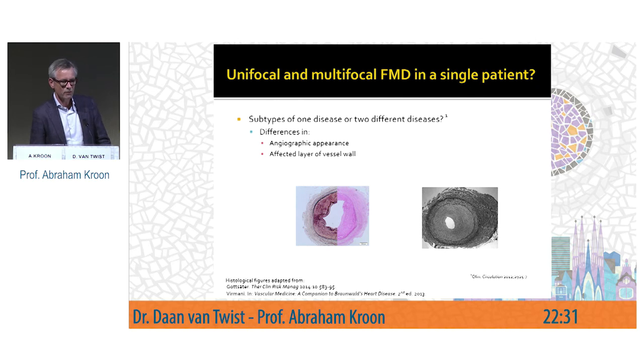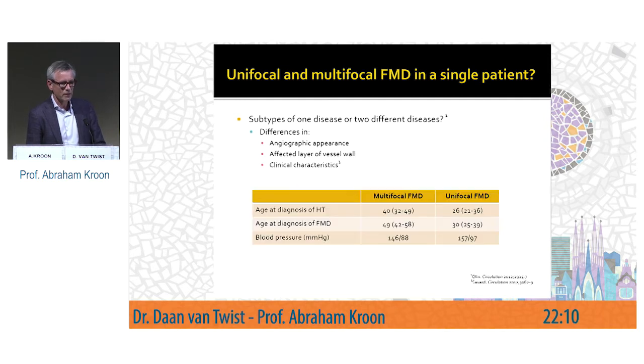There is also a difference: here you see histopathologically the severe stenosis, and here, as we've shown in our studies also, there is not that much of a stenosis, and they seem to appear like essential hypertensive patients.